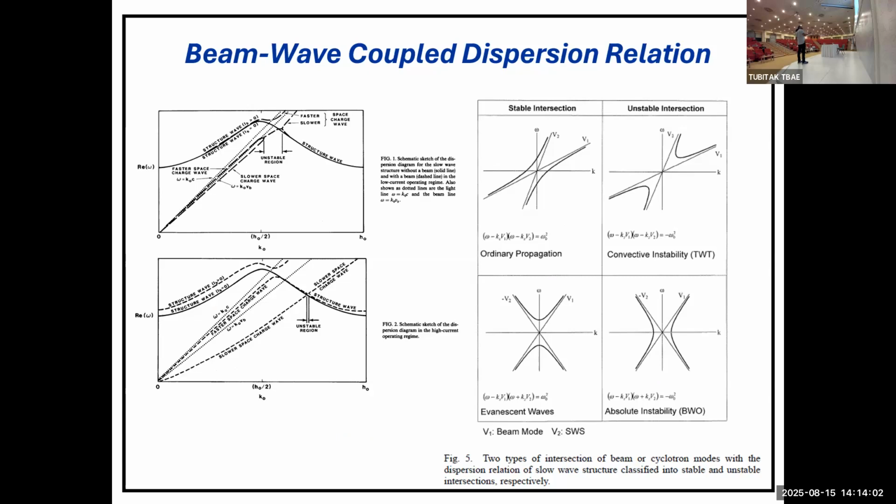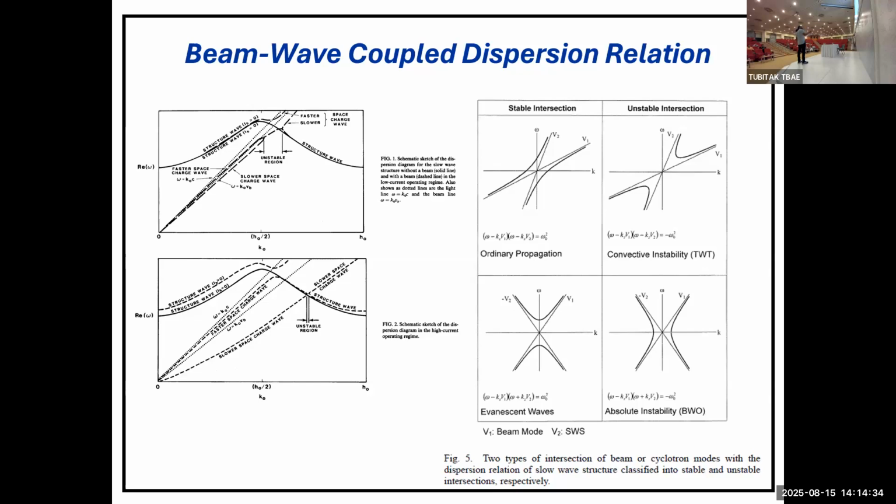V1 is the beam mode, the slow space charge wave, and V2 is the slow wave structure eigenmode, electromagnetic. And if the interaction has this behavior, it is not going to introduce any instability, which means that there is no generation. And if the intersection between them has this behavior, you will have an unstable interaction, and then you can introduce some type of instability.